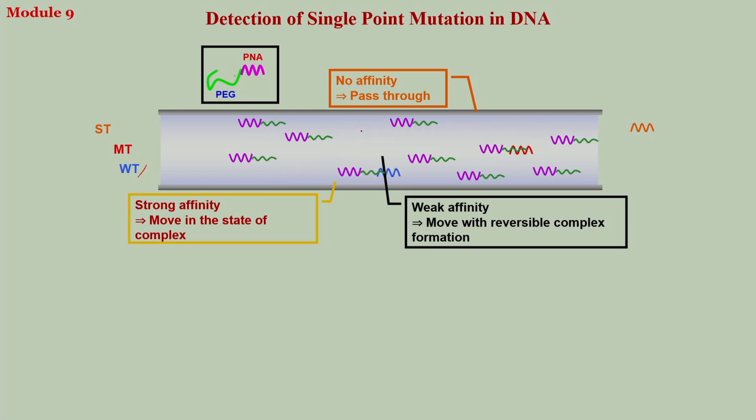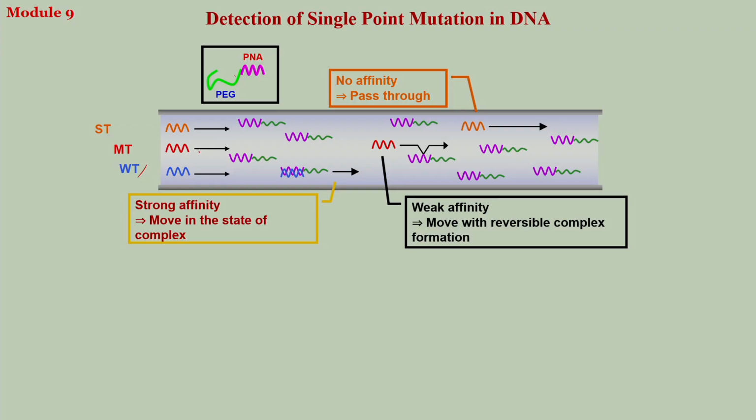The mutant, because of its single point mutation, changes the melting temperature by around 20-25 degrees. So, under an experimental condition, if you do this experiment at a little higher temperature, let us say 50 degrees, then this hybridization would be very weak. They will hybridize and open up, hybridize and open up, because it will be in the melting temperature range.